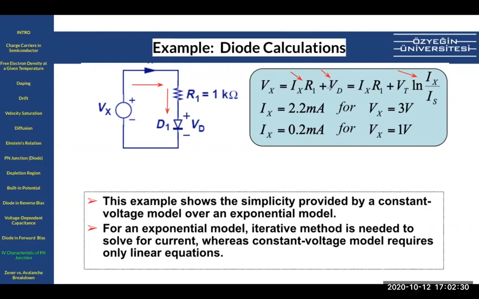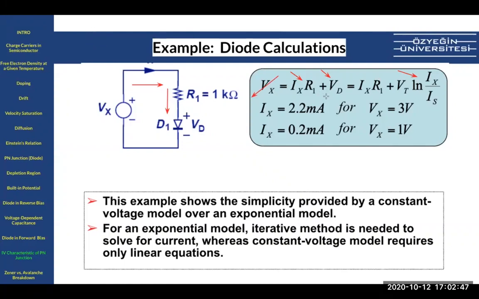The two unknowns are Vx and Ix. If we know how much voltage source we are applying, then Vx won't be an unknown, so the only unknown will be Ix.